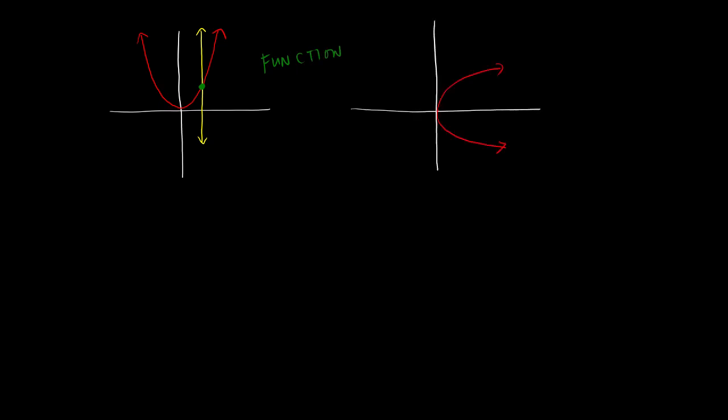On the other hand, if you use the vertical line test, and then you've noticed that the graph and the vertical line intersected more than once, such as this, first intersection, second intersection, then we say that this graph is not a function.